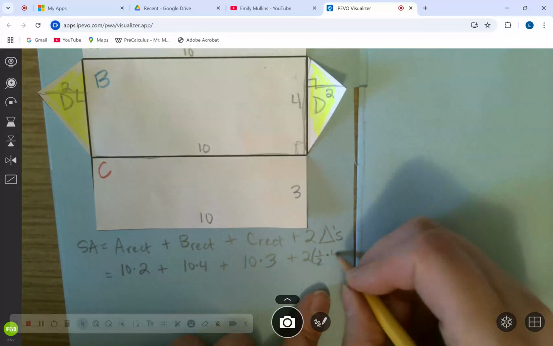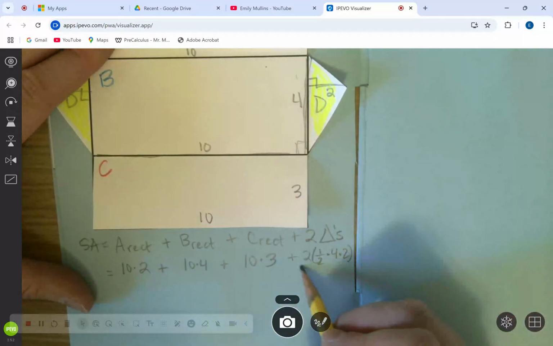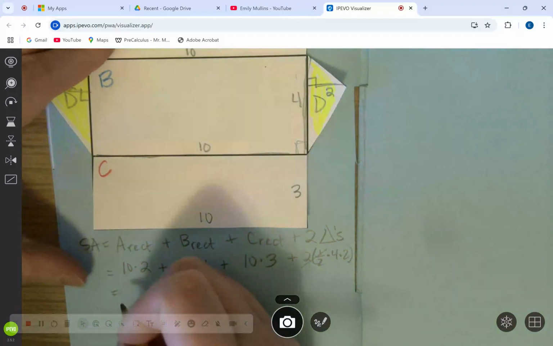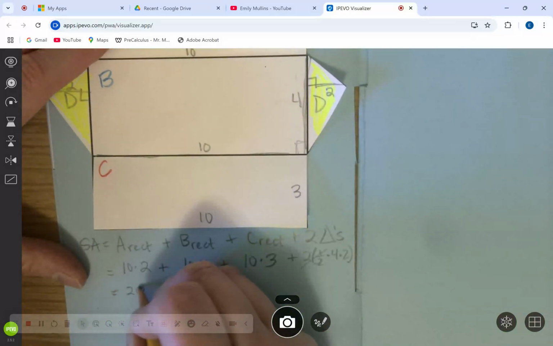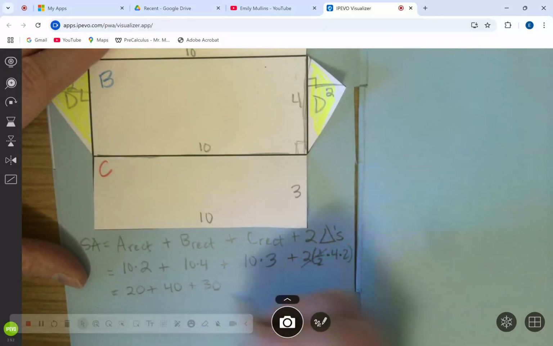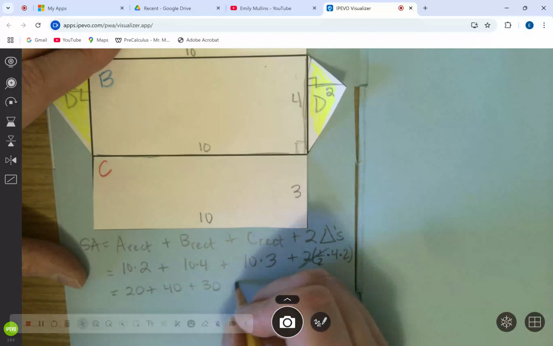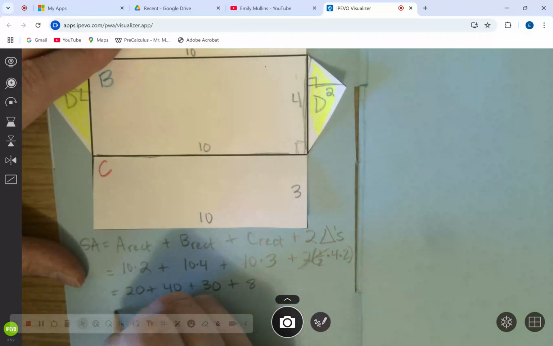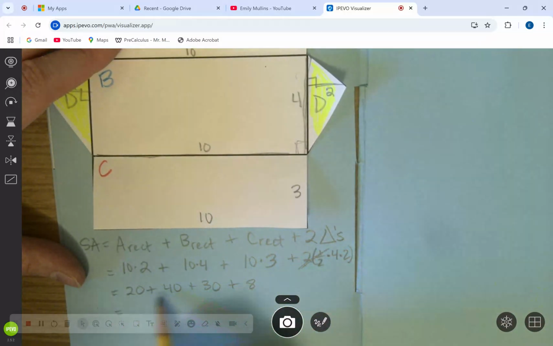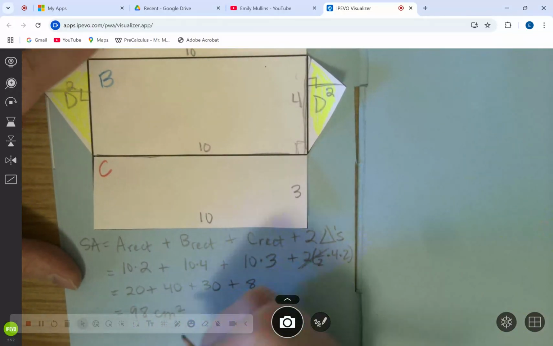The base is 4 and the height is 2. It's kind of cool because the 2 times 1/2 is just going to cancel out here. So we're going to get 20 plus 40 plus 30. And over here, the 2 times 1/2 is gone, so all we have is 4 times 2, which is 8. And then when I add up all those areas, 2 and 4 is 6 and 3 is 9, so 98. And this is centimeters squared again.